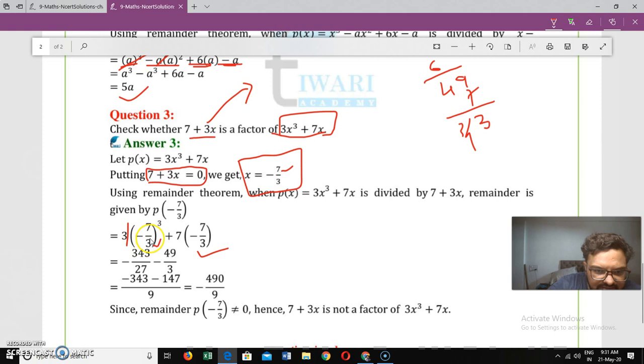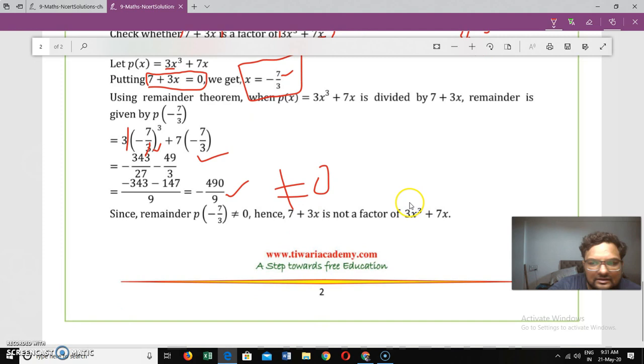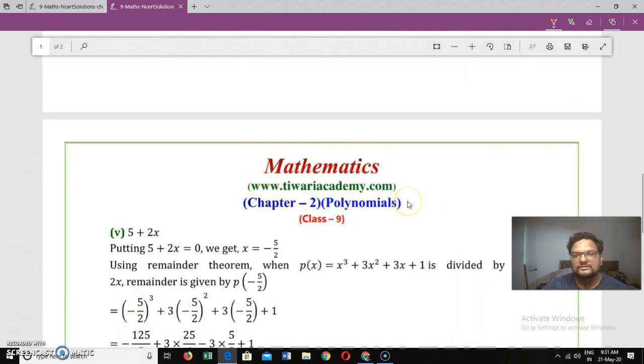And this 3 is cancelled. So we are left with, sorry, my mistake, 3 cube will be 27. And here we have 7 sevens are 49 upon 3. When we take the LCM, we get 490 upon 9. So this is not equal to 0. Therefore, we can say the given 7 plus 3x is not a factor of the given polynomial. I hope you all have understood the revision that we did.